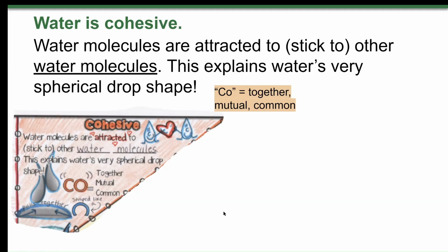And that water droplet is going to be circular or spherical in shape. That is the property of cohesion, where water will be attracted to itself. The prefix co in cohesion or cohesive means together or mutual, in common. So water molecules will stick to other water molecules.